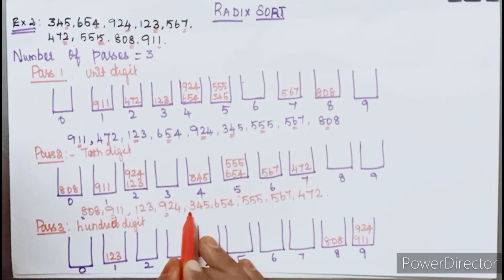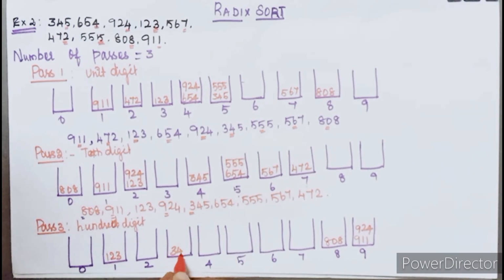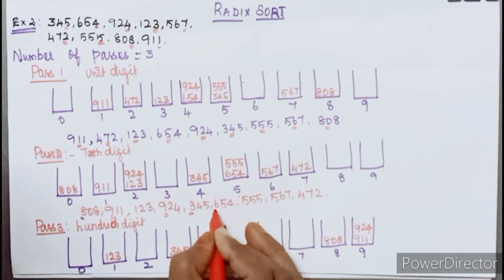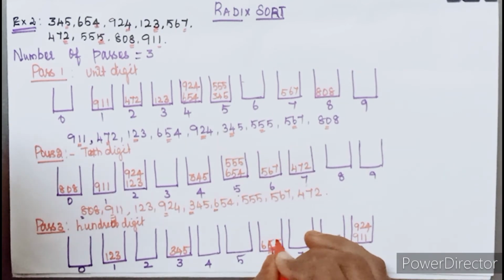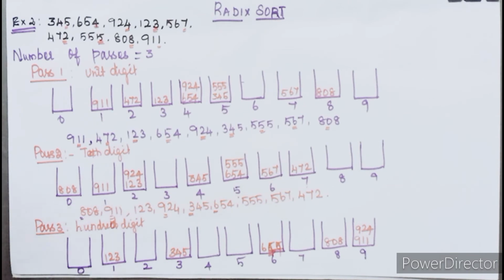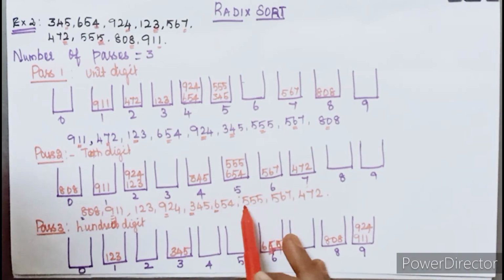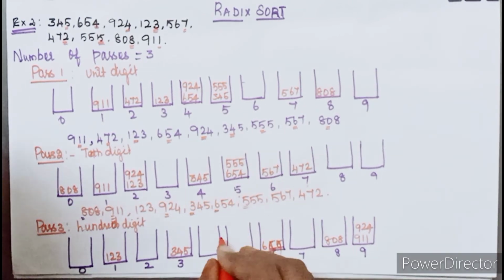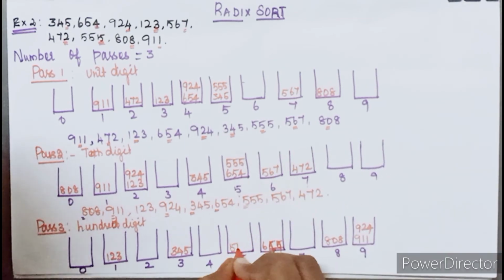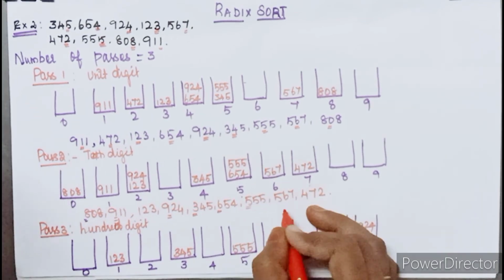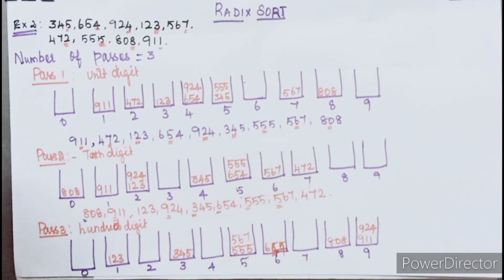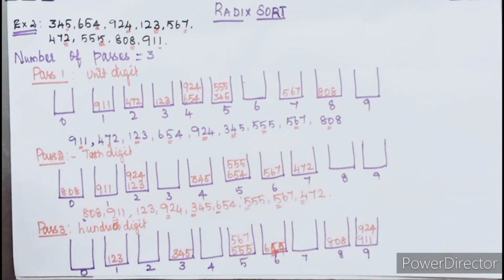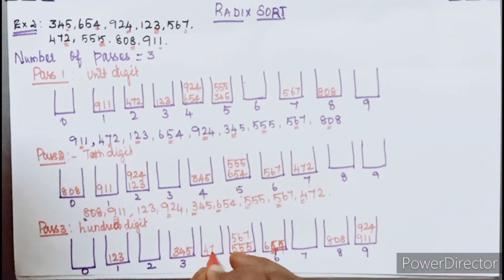The next one is 3, so place it in bucket 3. The next number's hundreds place is 6, so place 654 in bucket 6. The next number's hundreds place is 5, so move on to bucket 5 with 555. The next number also has 5 in the hundreds place, so it moves to the same bucket. And the last number's hundreds place is 4, so write it over here.